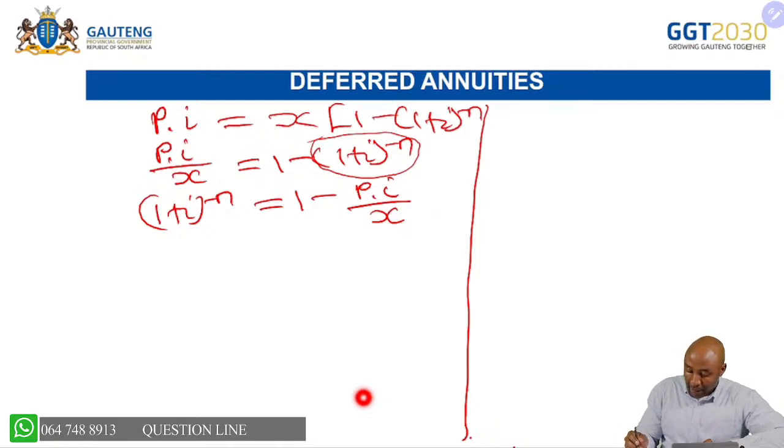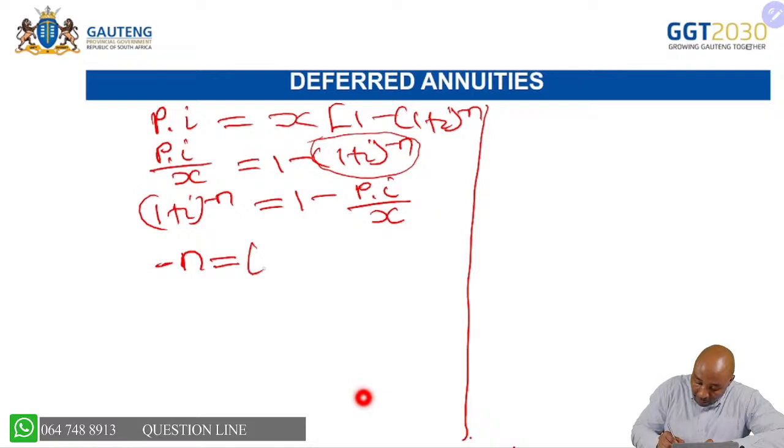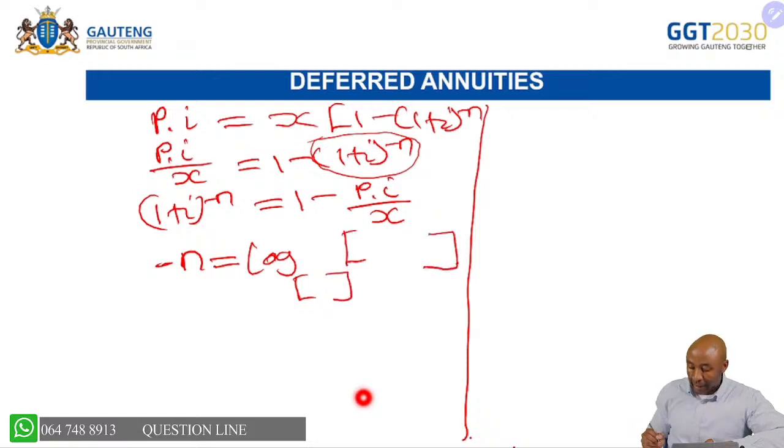Now, the N is on the exponent, but my calculator is going to help me get something there. So I will make N the subject, and I know that I introduce my logs. My negative N will be given by log, we have the base, and we have the value that we have there.